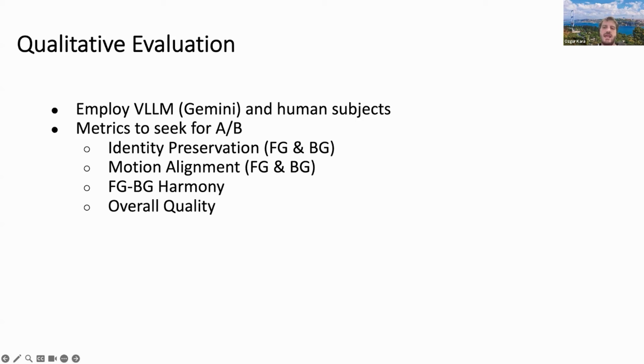We conducted A/B testing using both human subjects and VLLM models, where we use them as judges. And A/B testing means basically we provided the generated videos of a baseline and our model, and asked models or humans to choose one of them given the metrics that we developed in terms of identity preservation, motion alignment, foreground-background harmony, and overall quality.